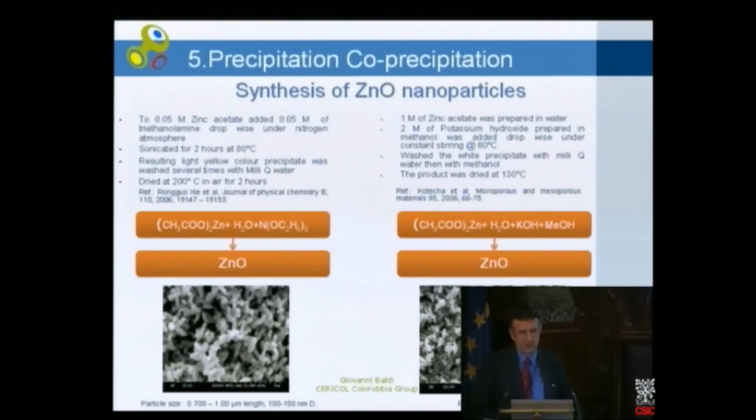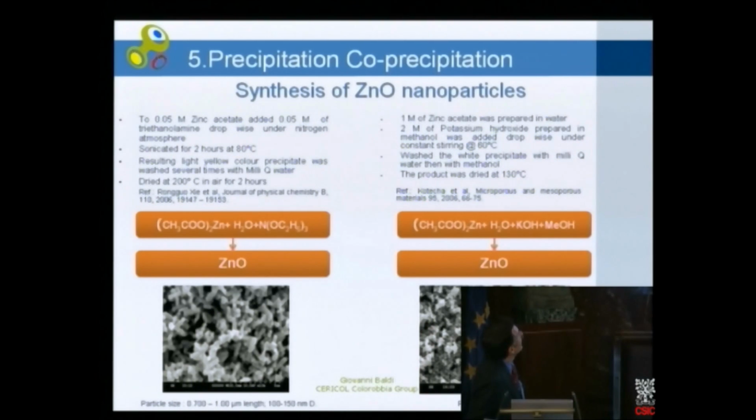Also, this co-precipitation route can be used to synthesize zinc oxide nanoparticles. What is interesting to note is how different synthetic routes can lead to different shapes and morphologies of particles.